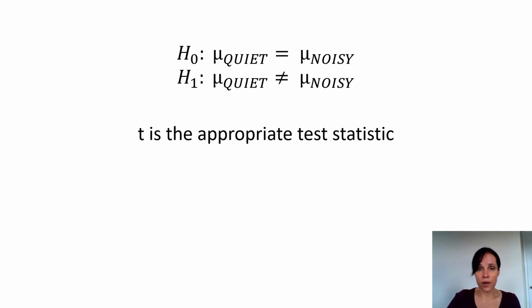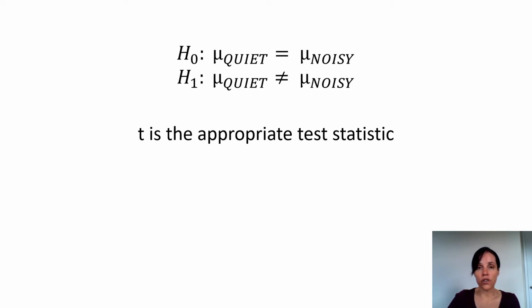So we're walking through the steps of the hypothesis testing procedure now. So in step 1, you have a substantive question. I gave you the substantive question. The question was, can people solve the same number of math problems correctly when it's quiet versus noisy? Step 2 of the hypothesis testing procedure is to set up your null and alternative hypotheses. We've just done that.